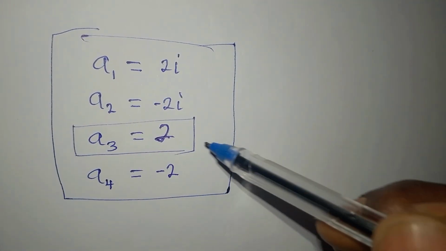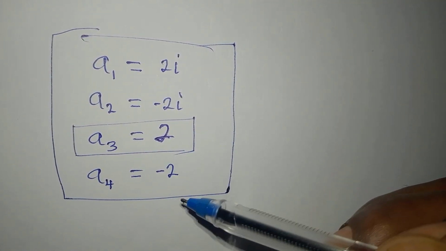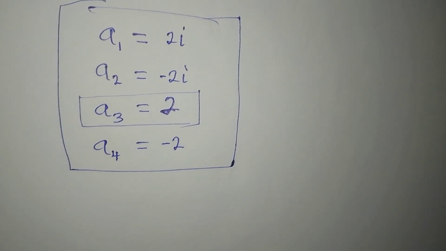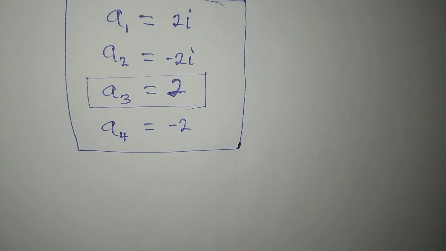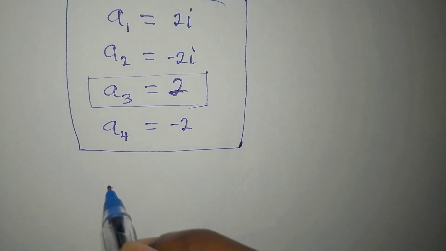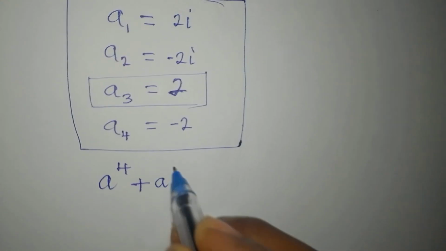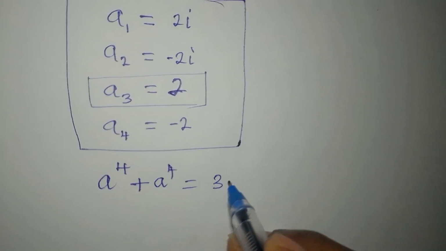Now we are going to use a3 and a4 to confirm what we have, to see whether both of them will be satisfying. The equation is a to the power 4 plus a to the power 4 equals 32.